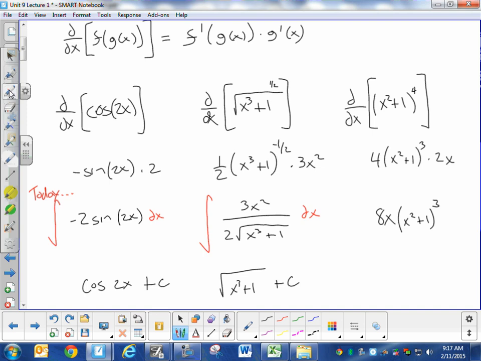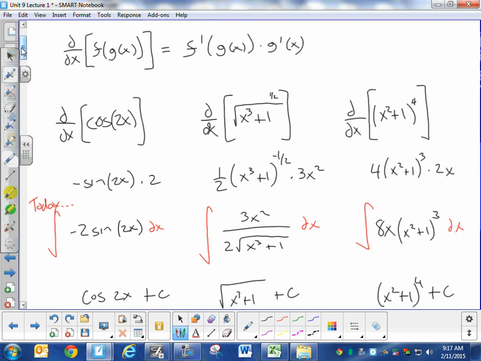We will be taking the antiderivative of this to get that. Okay? And here's why. The reason why is because these look like this.